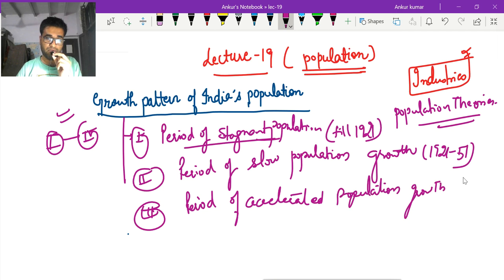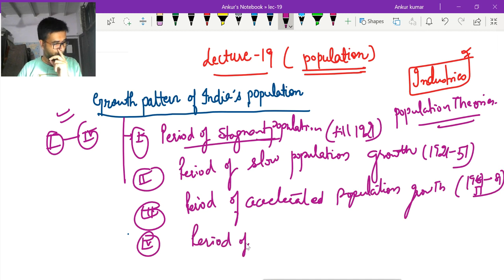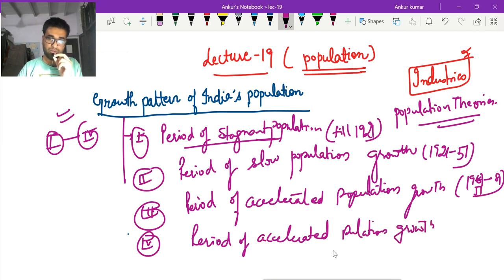This we will study from 1951 to 1981, and the fourth phase is the period of accelerated population growth with definite sign of slowing down.